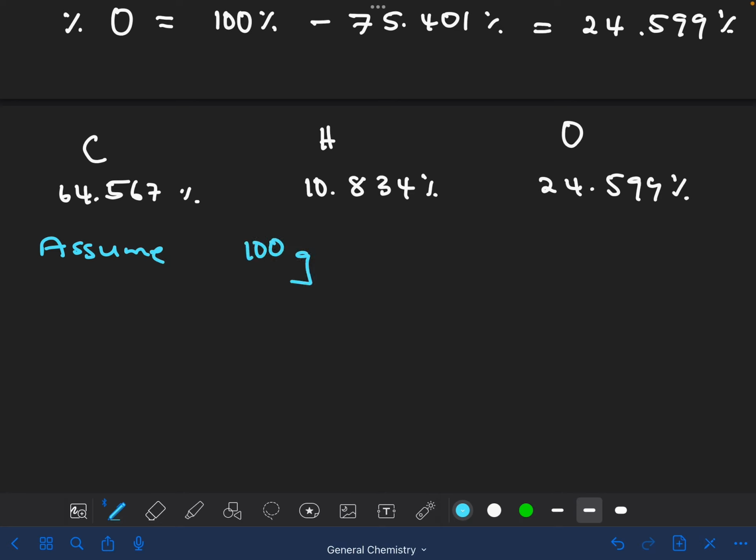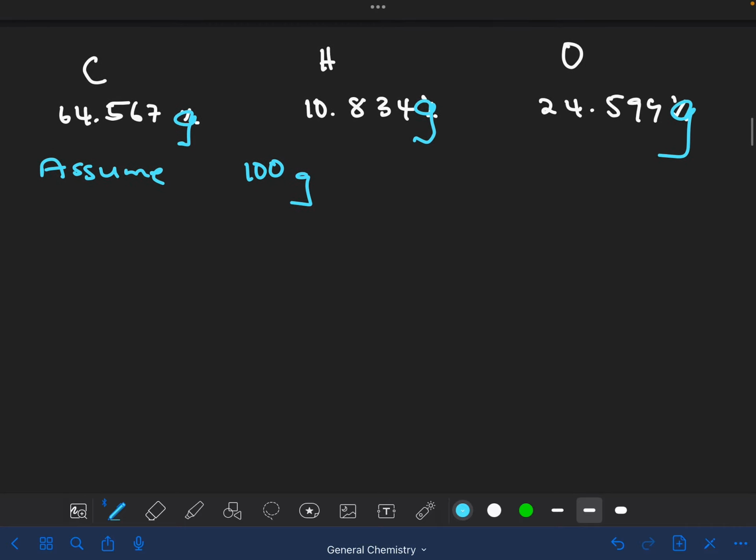So what this means is that we are going to have 64.567 grams of carbon, 10.834 grams of hydrogen, and 24.599 grams of oxygen, right?